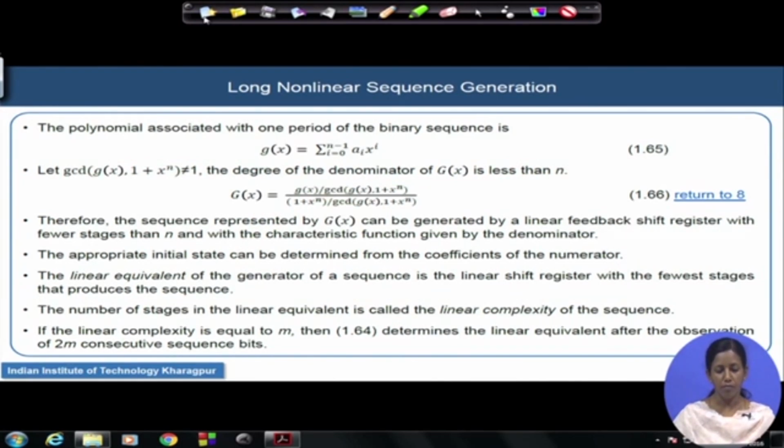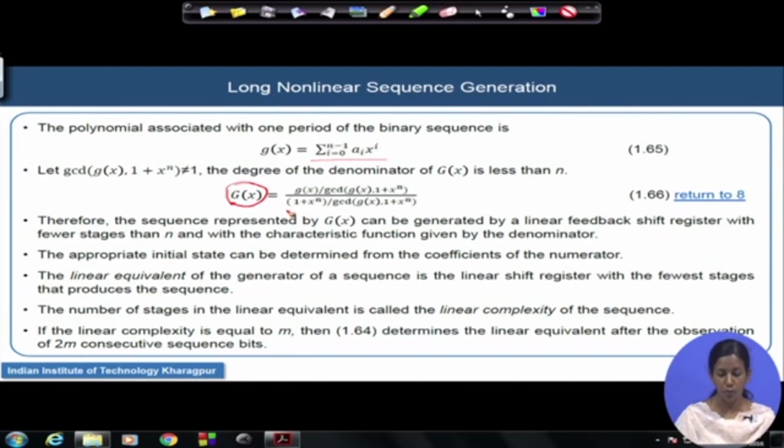Now, the polynomial associated with one period of the binary sequence, the generating polynomial, we have seen earlier is given by the sum of a_i x to the power i. We also understood that this capital G(x) is a generating polynomial given by g(x) divided by 1 plus x to the power n.